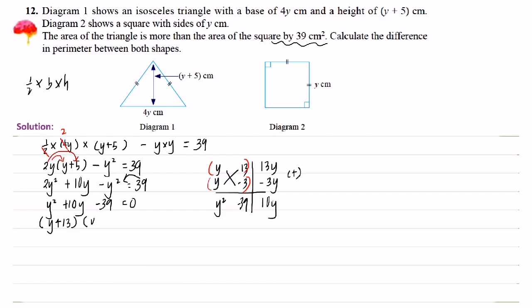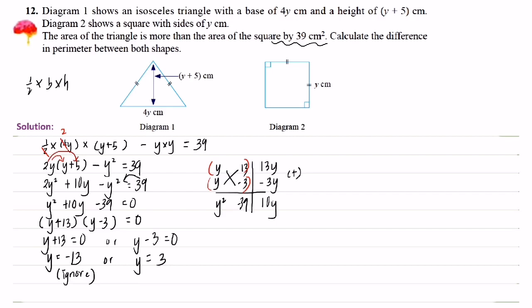Another bracket is y minus 3 equals 0. y plus 13 equals 0 or y minus 3 equals 0. y equals negative 13 or y equals 3. And again, the length cannot be negative. So negative 13, we ignore it. The value of y equals 3.